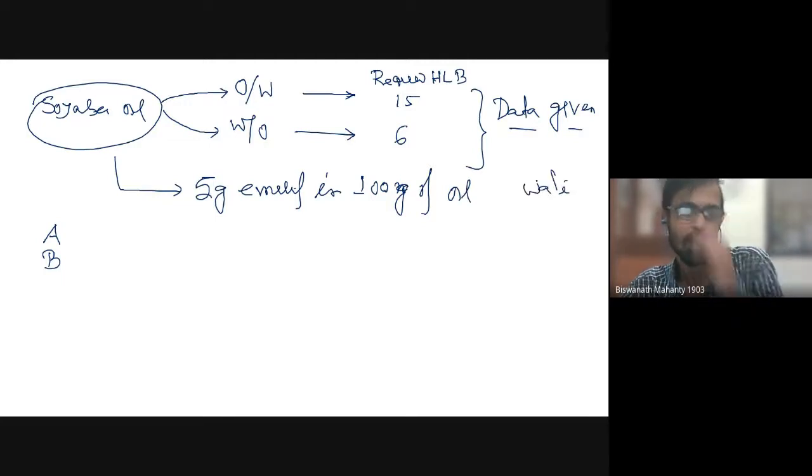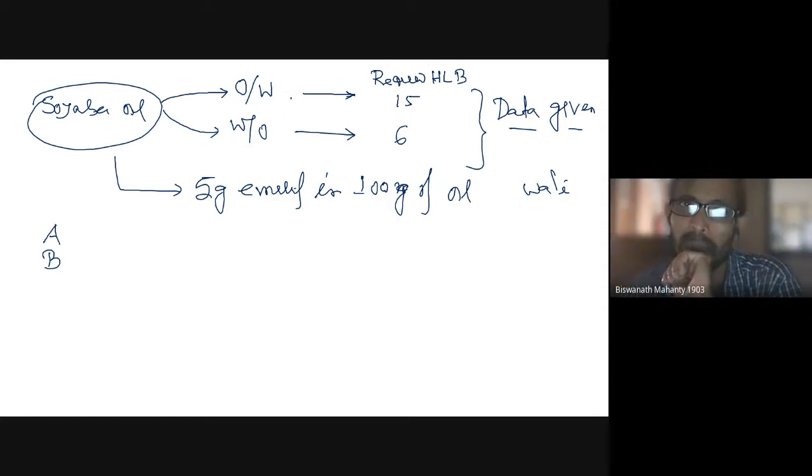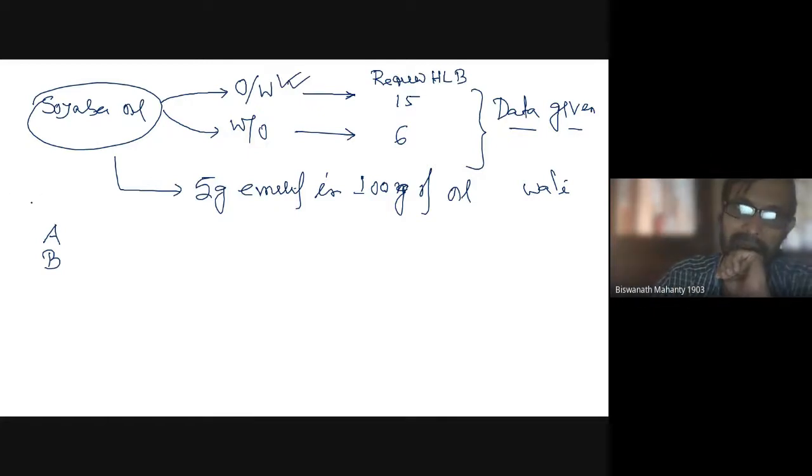Now, what kind of emulsion are you looking for? Maybe you are assuming that we are looking for an oil in water emulsion. And I have two emulsifiers. These are the emulsifiers I am talking about.